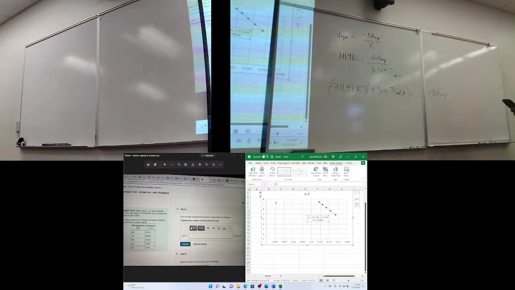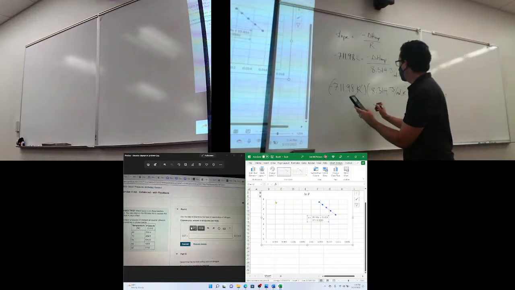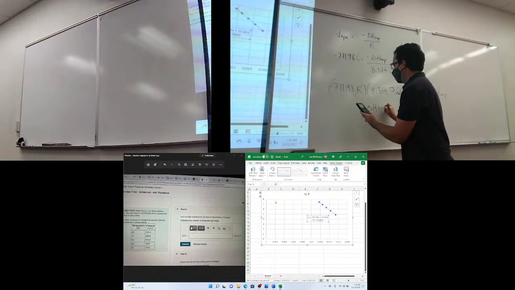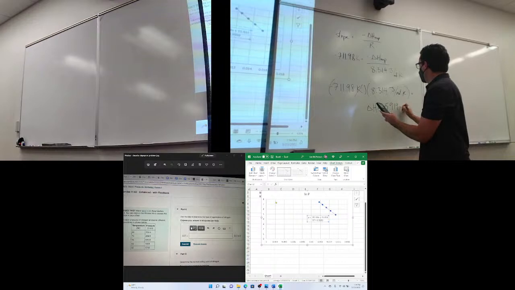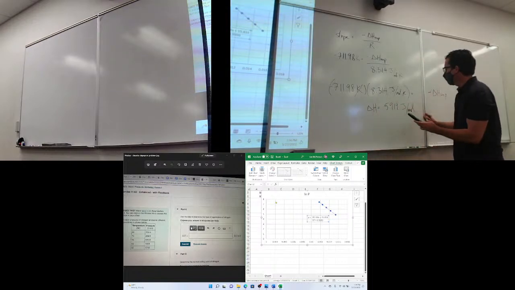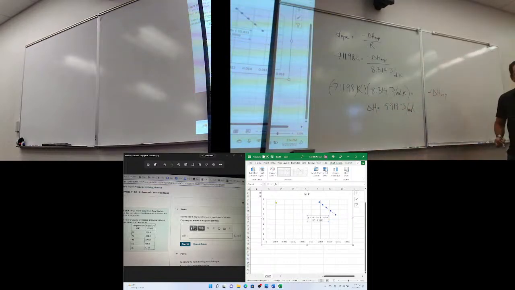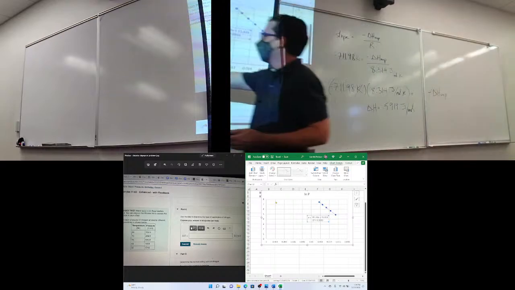711.98 times 8.314 is 5,919. Yeah, it's pretty low, but that's fine. 5,919 joules per mole. That's typically not the units we use for enthalpy. We usually see it in kilojoules per mole, which I believe the problem asks for here.